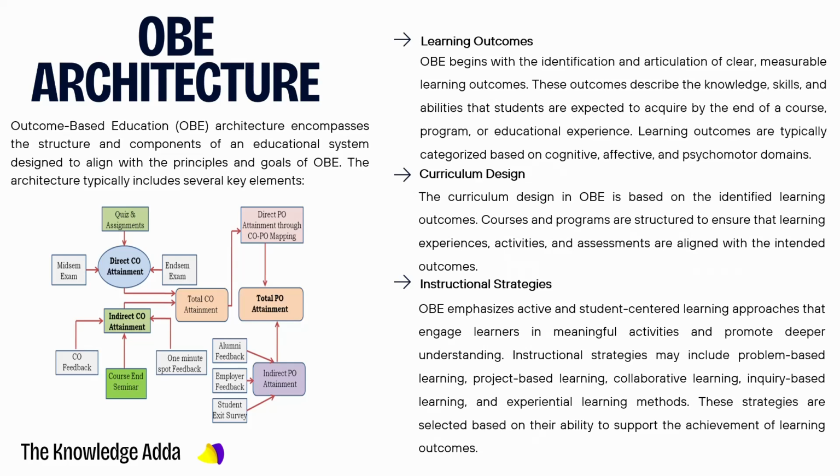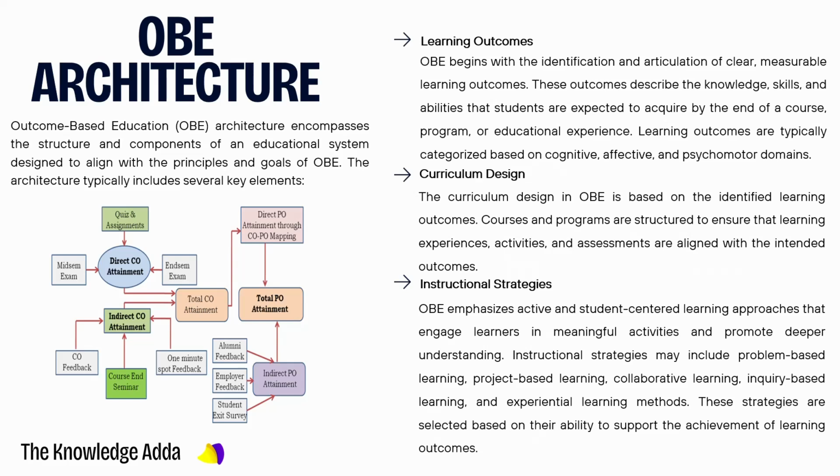So, learning outcomes. Outcome-based education begins with the identification and articulation of clear, measurable learning outcomes, and these outcomes describe the knowledge, skills, and abilities that students are expected to acquire by the end of a course, program, or educational experience. Learning outcomes are typically categorized based on the cognitive, affective, and psychomotor domains.